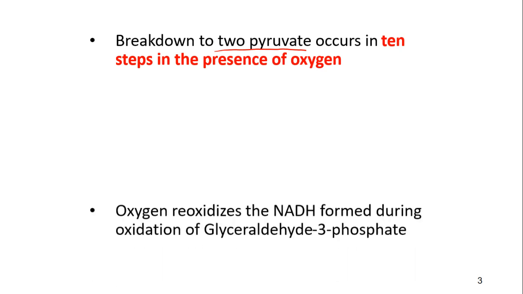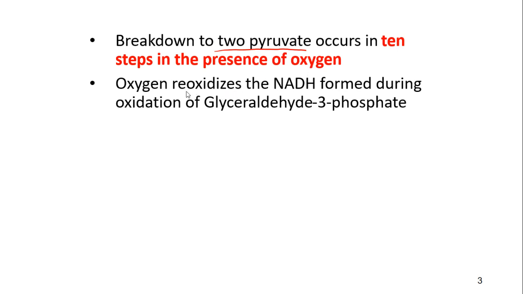When there is a presence of oxygen, the role the oxygen will play is just to reoxidize the NADH to form an important product, and this product is known as glyceraldehyde 3-phosphate.